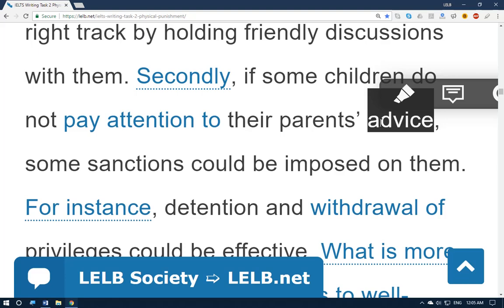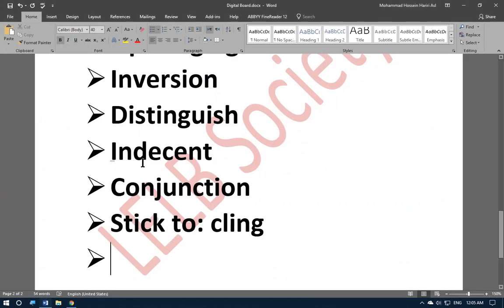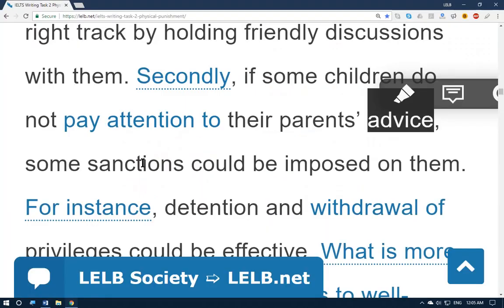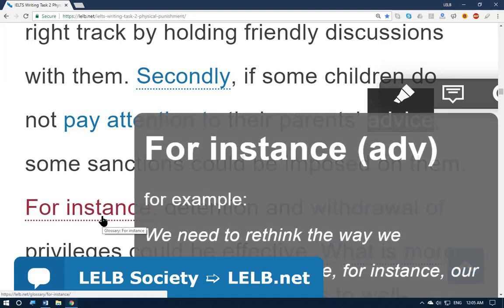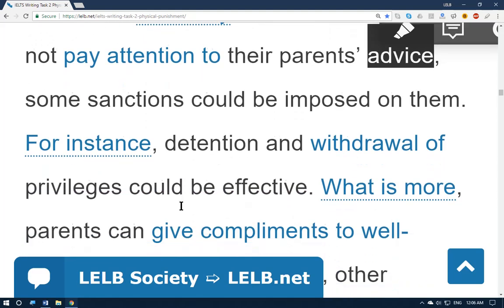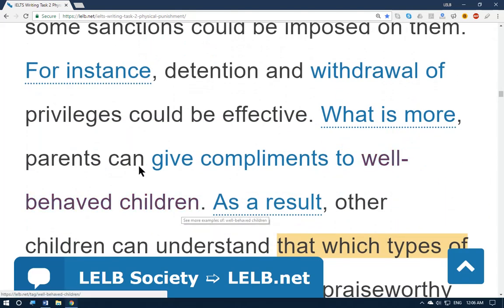Some sanctions or punishments or restrictions. Sanctions, you could say restrictions. Could be imposed on them. For instance, or for example, detention and withdrawal of privileges, means advantages.